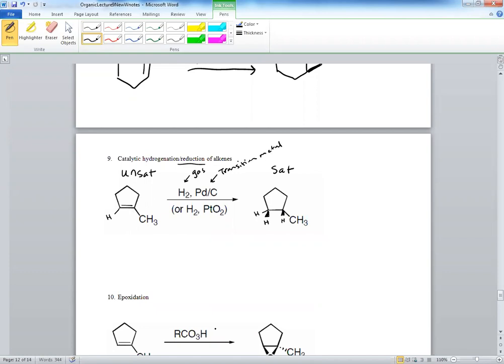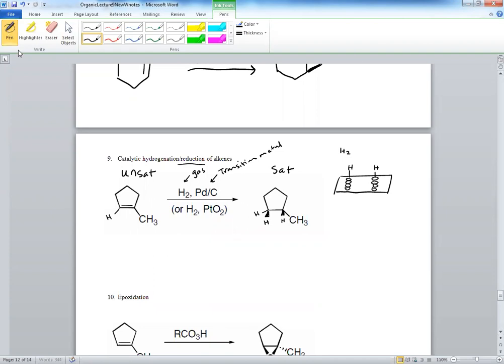Now, the mechanism for this is quite involved, but before we begin, it's basically you have a metal sheet and hydrogen gas is H2. So you have those metal atoms with the H's attached to them.